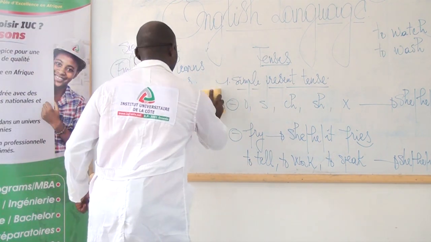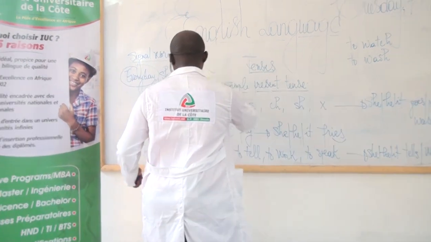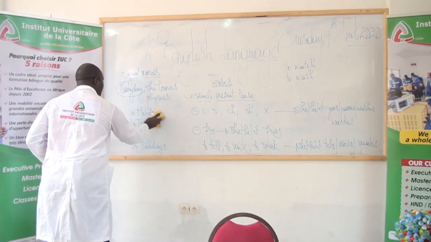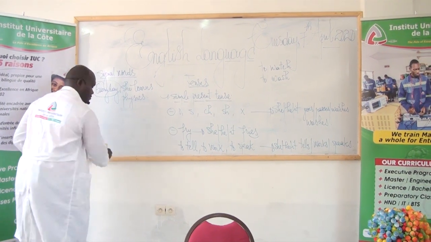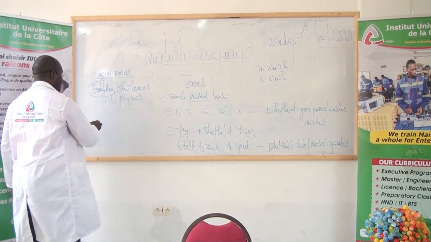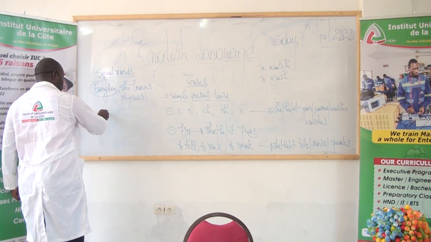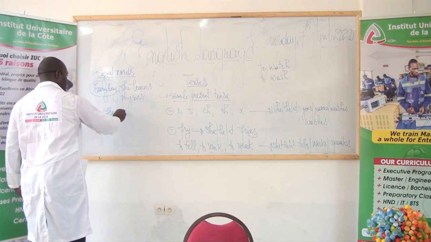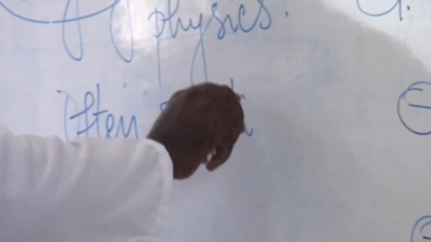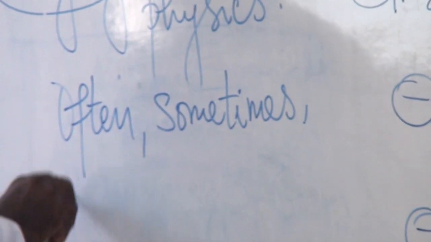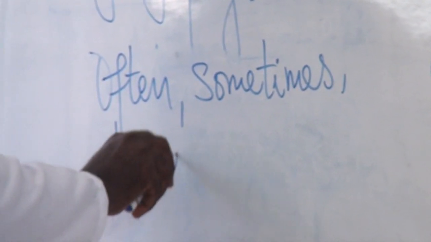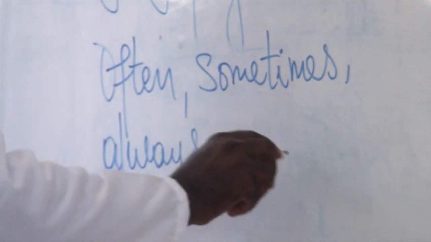Apart from this, we can have other signal words. We can have, for example, often, sometimes, always, and so on.